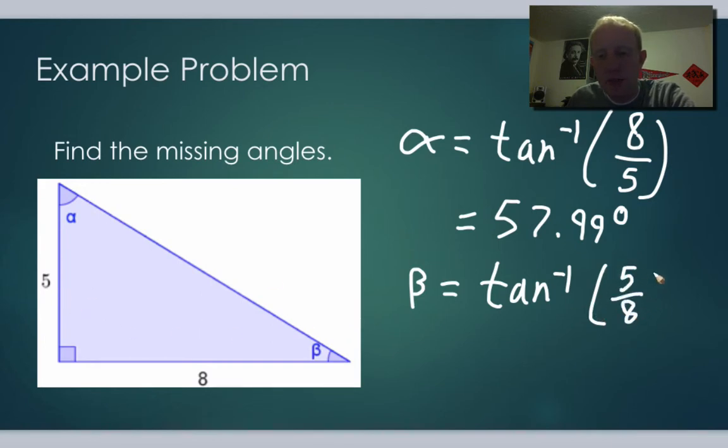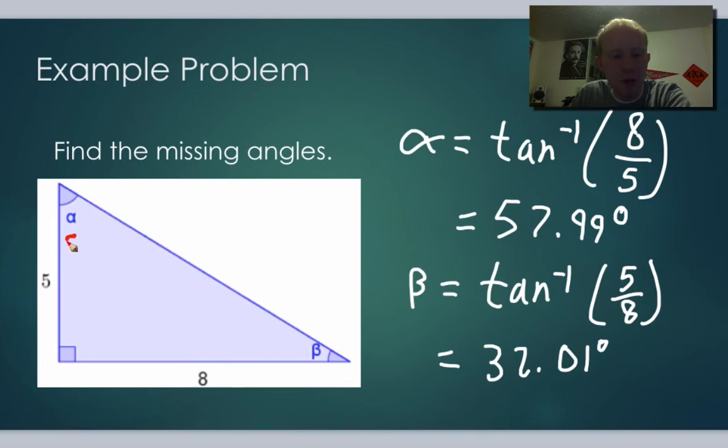Adjacent is 8. And that should give you, when you plug that into your calculator, tangent inverse of 5 over 8 should give you 32.01 degrees. Okay? So if we were labeling this triangle, 57.99 degrees would be right here, and 32.01 degrees would be right there.